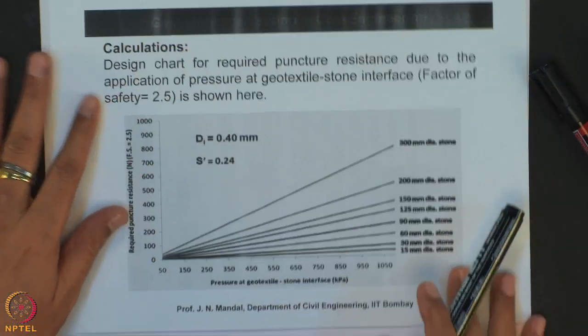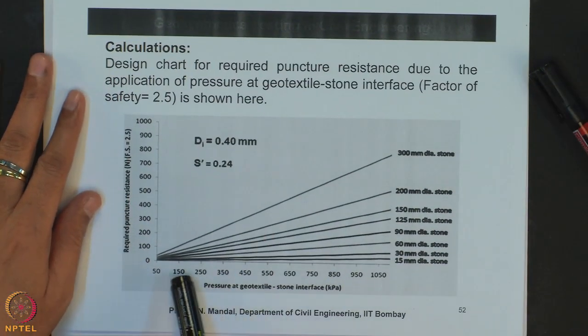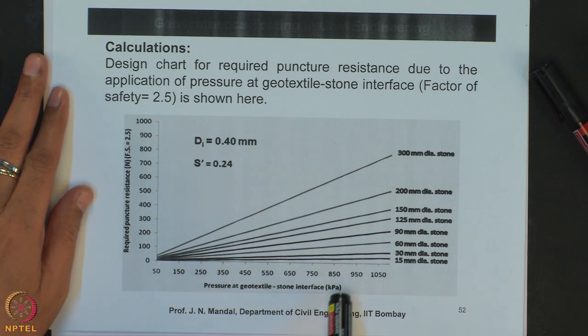Here I am showing you the pressure at the geotextile stone interface in kilopascal. Defined pressures are 50, 150, 250, 350, 450, 550, 650, 750, 850, 950 and 1050.